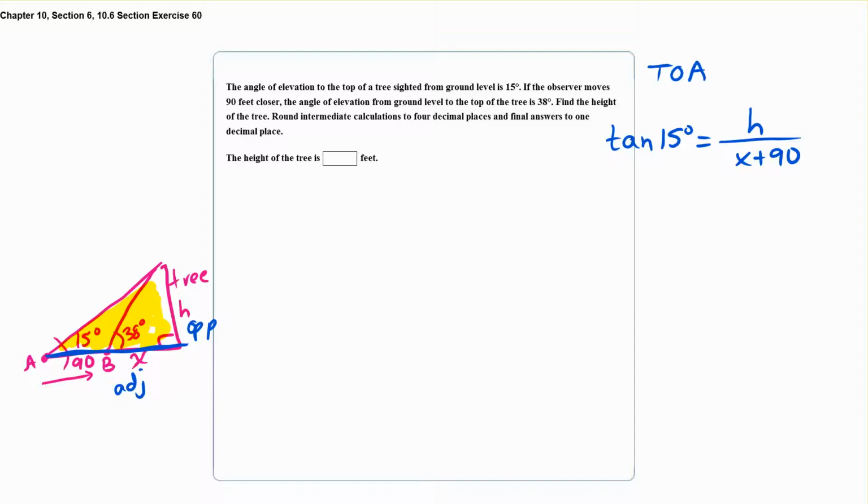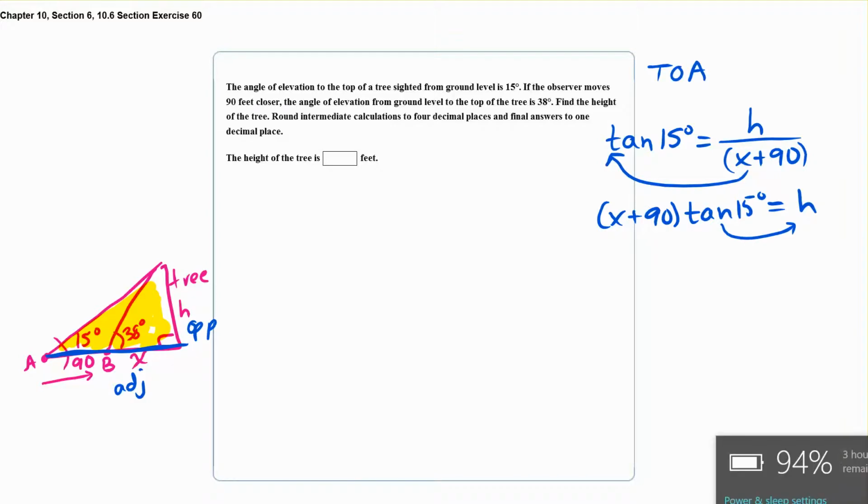And then what we do next is we take this denominator, we undo the division, we bring it over here, we multiply. So I have x plus 90 times tangent of 15 equals h. Now we're not going to get anywhere with solving yet because I have two variables in this equation, but what I want to do is solve this equation for x. So I want to try to get x alone. So I'm going to begin by dividing tangent of 15 away.